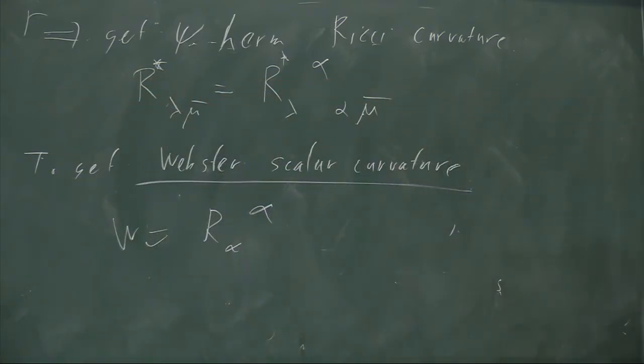Now, okay, so how can you think about this? Well, one way is to actually use the Levi-Civita connection for this metric. And then we have an alternative formula for this Webster scalar curvature, which tells you somehow what it is. So what does it mean? So here's an alternative formula, which is maybe more telling.